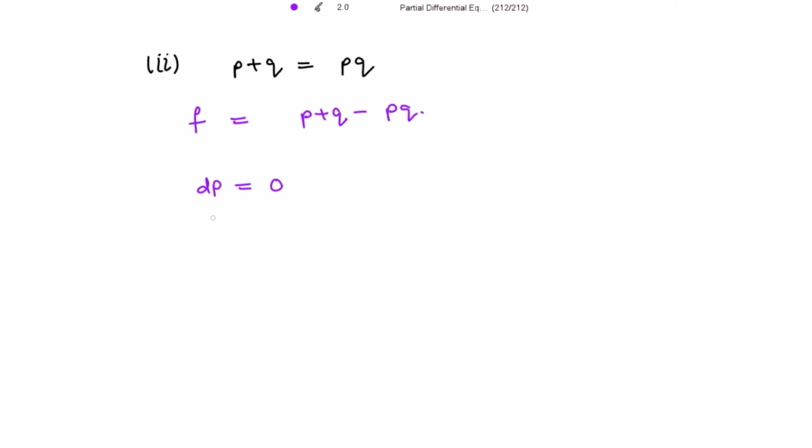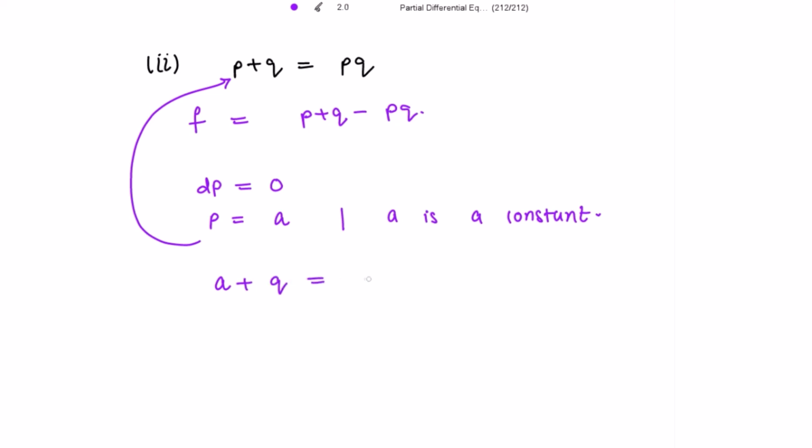Okay. So from here we get p equal to a, where a is a constant. And from the given equation, I am going to put the value of p over here to get the value of q. So this is a plus q equal to a into q. So from here we get a minus 1 into q equals a, and q is equal to a divided by a minus 1.